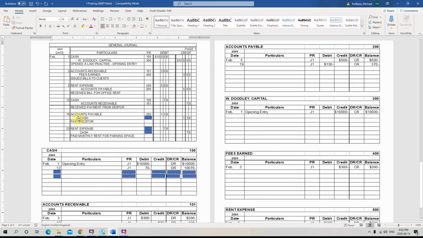Finishing with the 19th, I have a credit for 130 on the 19th. So okay, my balance after I post it is going to be $9,940 debit balance.